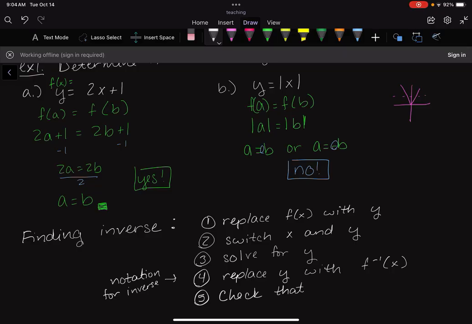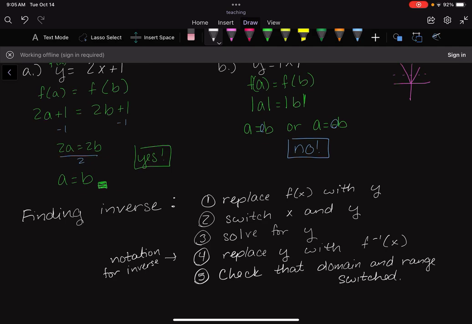And then we're going to check that our domain and range switched. That's something you'll notice, and it's because you swap the x and y. So remember, since x is domain and range is y, if you swap those x's and y's, you'll see your domain and your range switch. But that last step is just really more of a check.